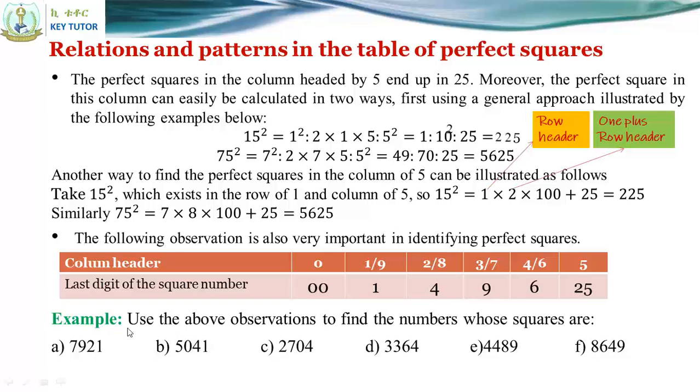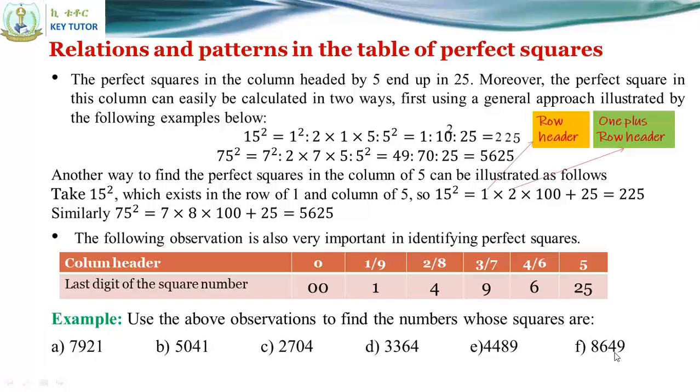So here are examples. Using the above observation, find the numbers whose squares are 7,921, 5,041, and so on, up to 8,649.